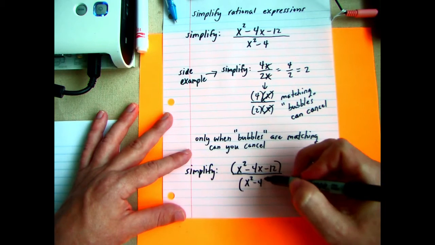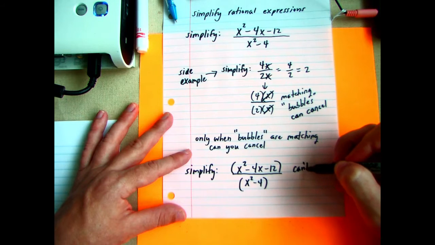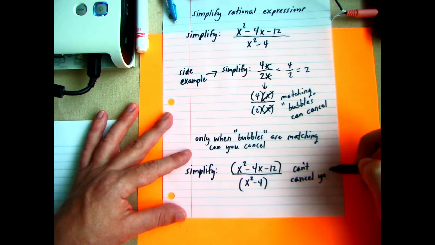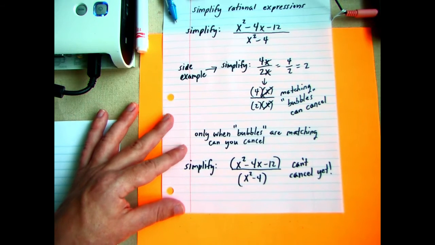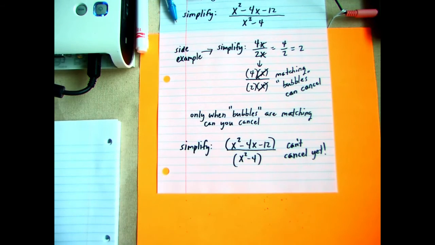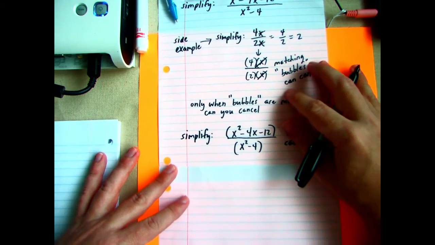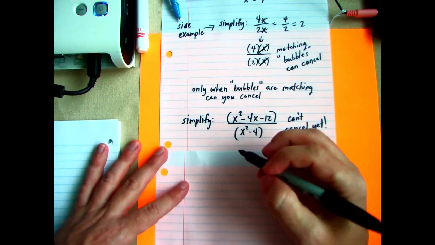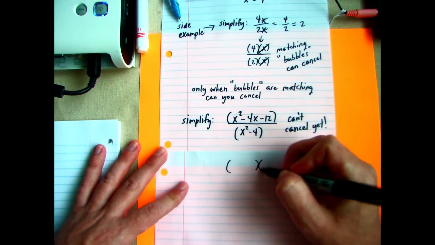These bubbles don't match, so as it's written right now, we can't cancel anything. So we can't cancel anything yet, but maybe we can rewrite the numerator and denominator. Maybe if we factor the numerator into 2 bubbles, we'll have more options to cancel.